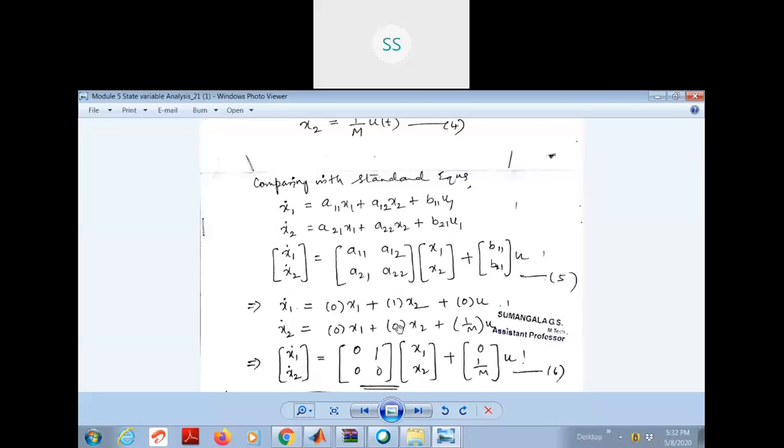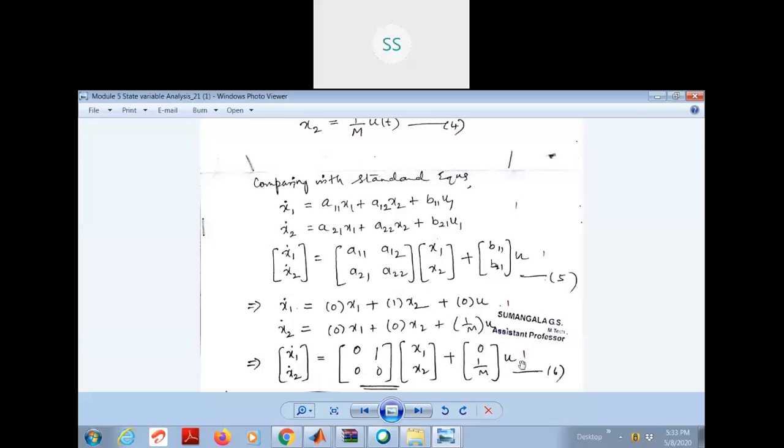Fill those four coefficients in this matrix, 0, 1, 0, 0, into x1, x2, plus the vector b11, b21. In place of the b vector, I have 0 and 1 by m, into u.